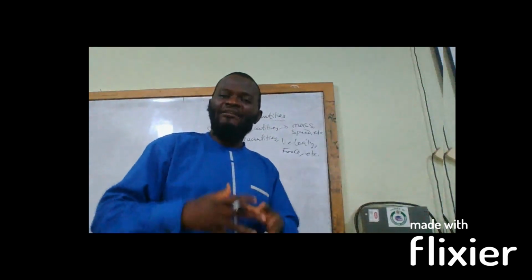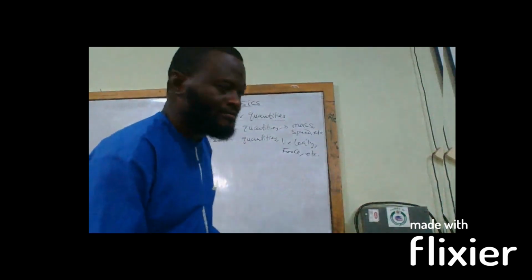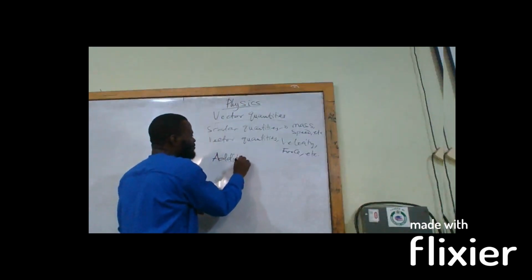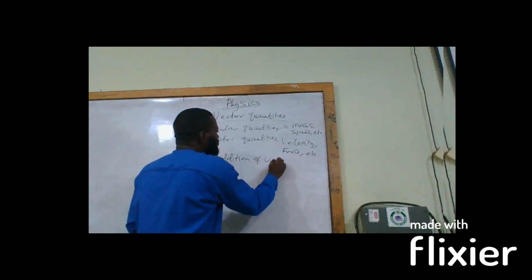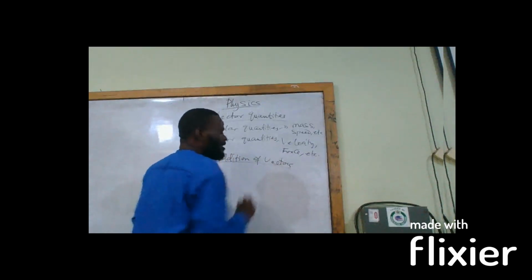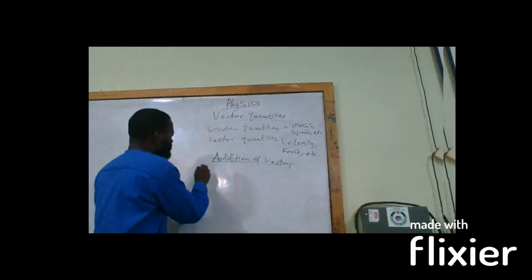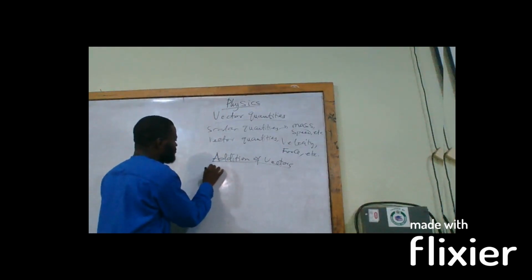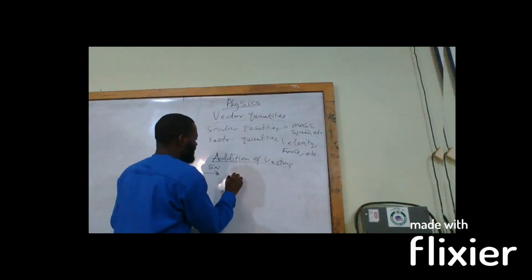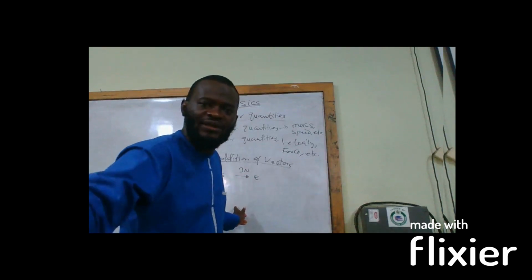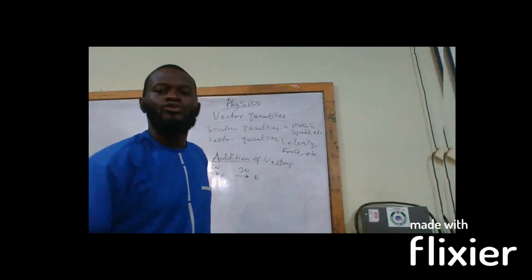So it is on this basis that we are going to be adding our vectors. For example, now, addition of vectors. If you have two vectors, let's say 5 Newton and 3 Newton, both of them are acting towards the right, that is, they are acting to the east.